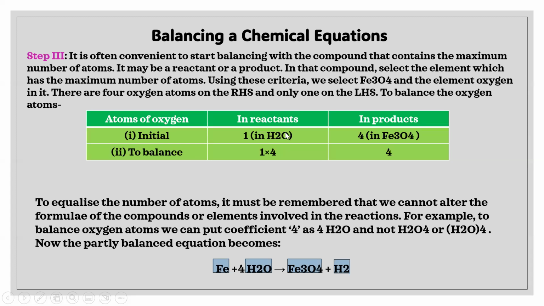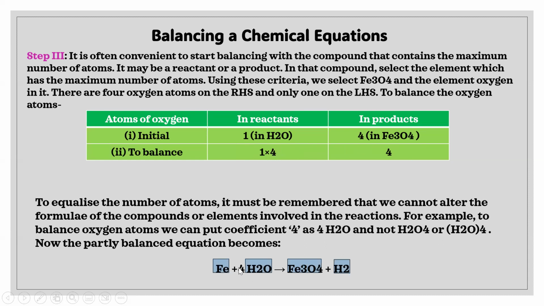In the reactant we have only one water, which has only one oxygen. Next we have four oxygen in Fe3O4. We are going to balance it. Only one oxygen is there in the reactant, but four oxygen are there on the product side. So we have to multiply the reactant by 4, so that both become 4.